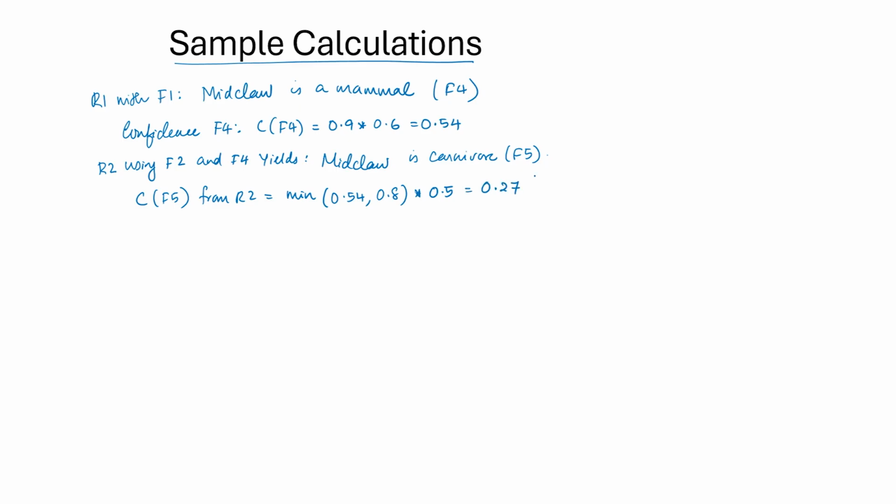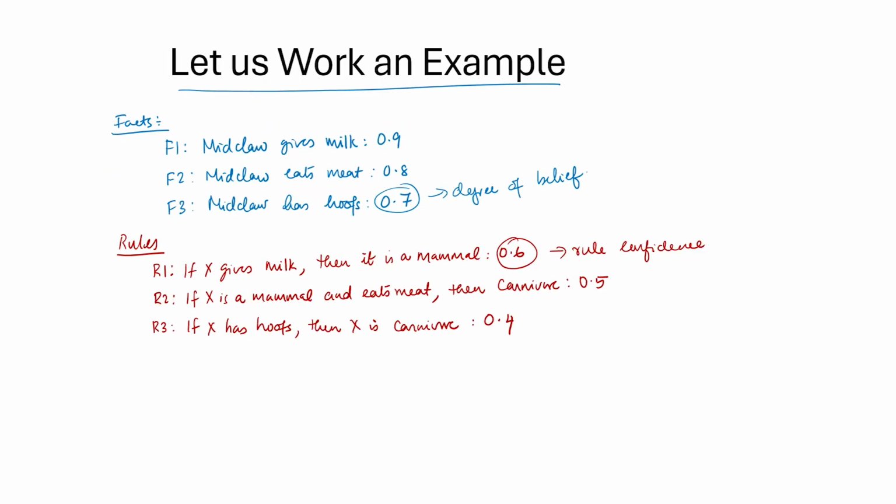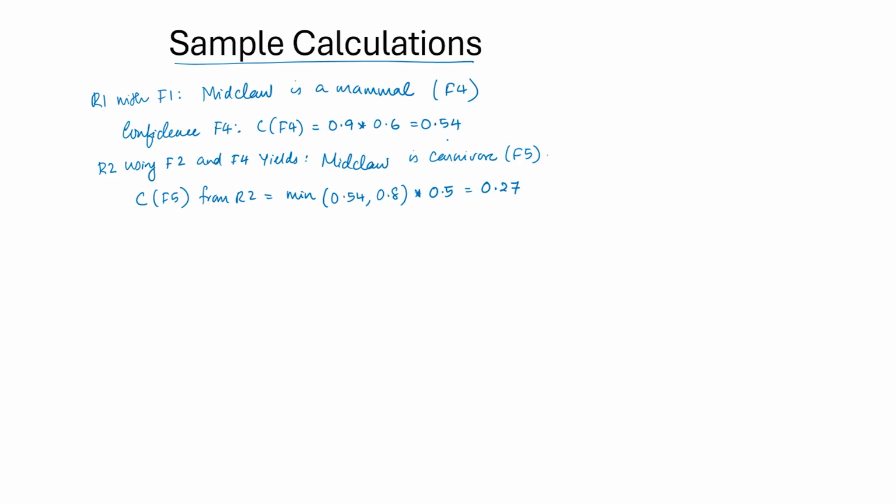How do we get that? Let us go back. R2 using F2 and F4: if X is a mammal and eats meat, then carnivore, that is 0.5. F4 we have already seen, it is 0.54.